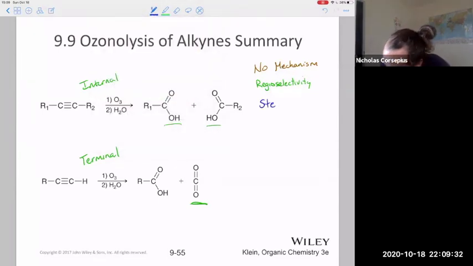All right, and then stereoselectivity. No, don't have to worry about it. Okay, so not too bad. Just like before and the practice that we have after this, I think the harder part is working backwards. And that's one of the things that we're going to be practicing in the assignment that's after this.